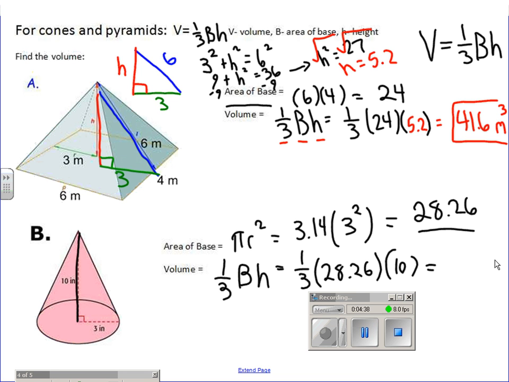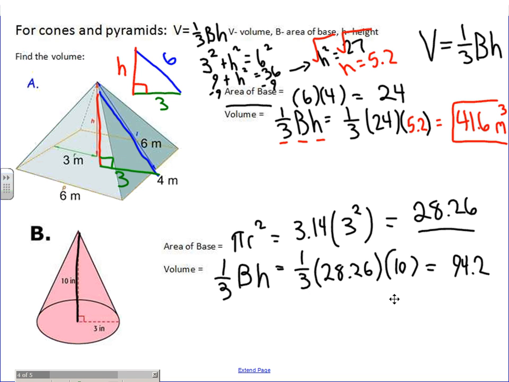So if I multiply 28.26 times 10, I get 282.6. Multiply that by 1/3, or divide by 3, and I get 94.2. Let me rewrite that, 94.2 inches cubed.